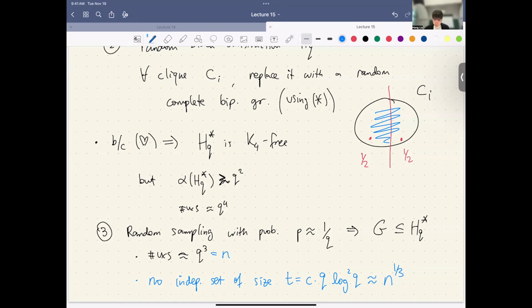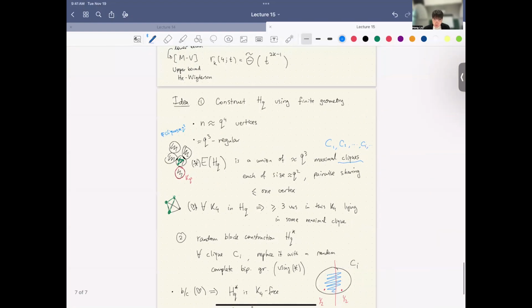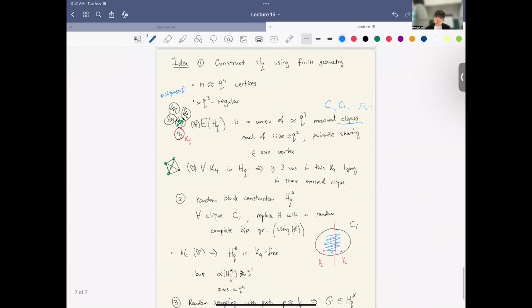Okay, once again, the construction has 3 steps. Let's review these 3 steps. First, using some finite geometry objects, we get the initial graph HQ, which is the structured object. It has Q to the 4 vertices. Every vertex has degree Q cube. And the structural part is that its edge set consists of a union of these tangent cliques, pairwise sharing at most 1 vertex.